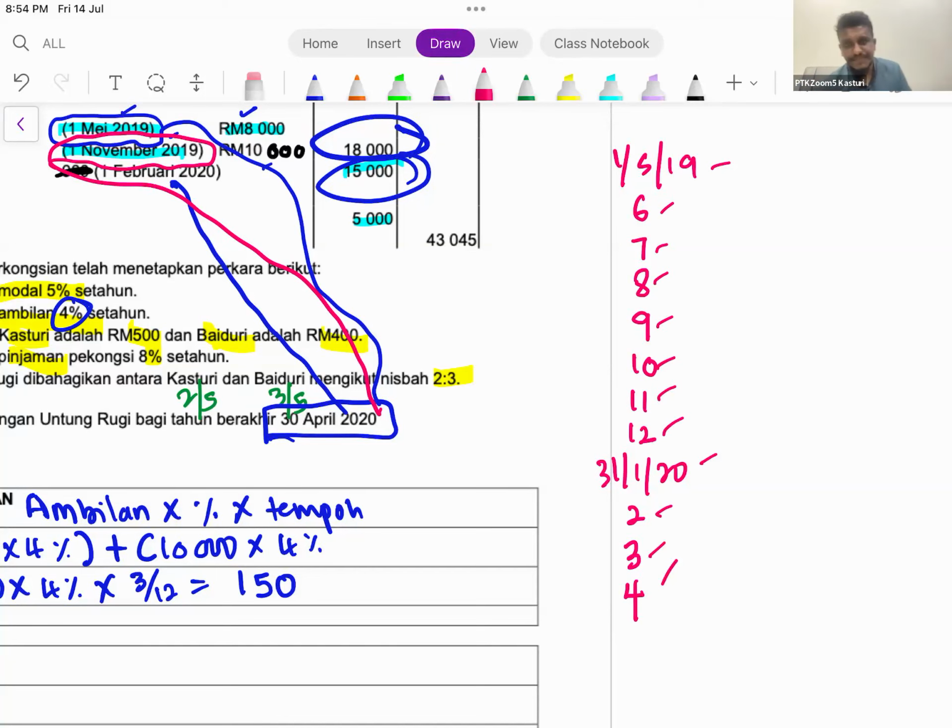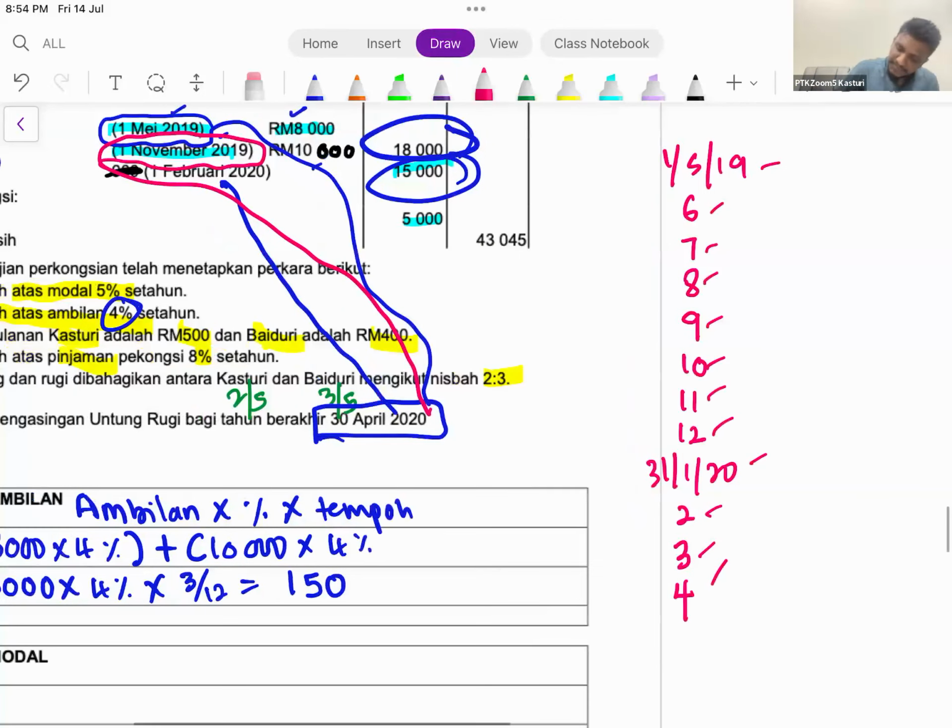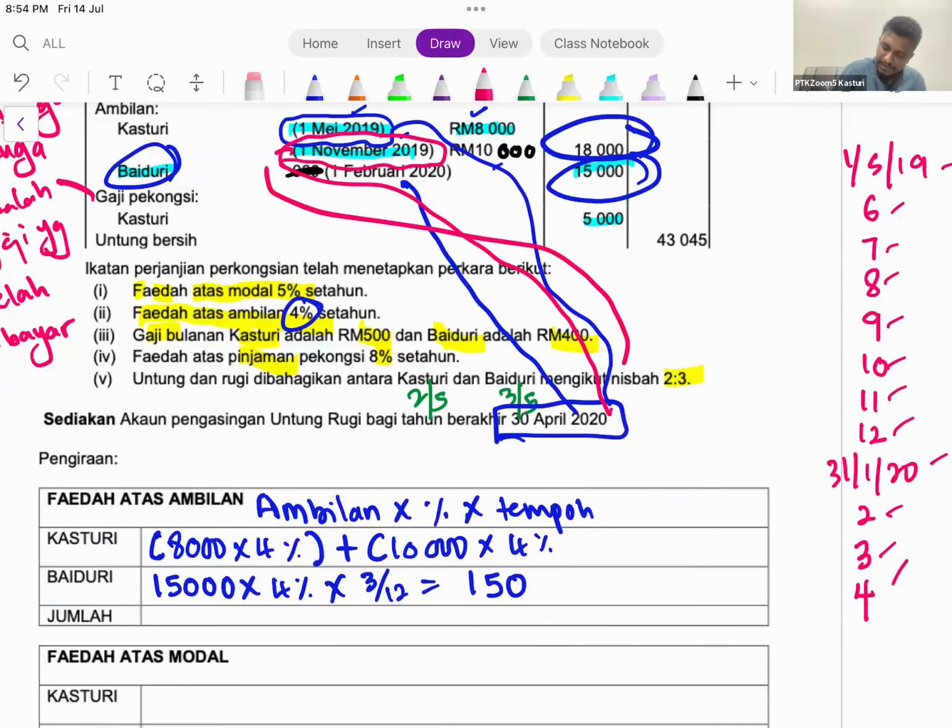Okay, good. So here, 1st November to April, how many months? November, December, January, February, March, April. 6 months. So times with 6 over 12.